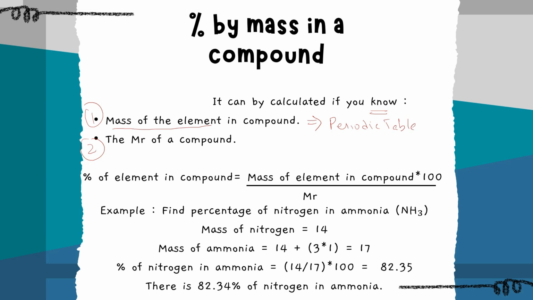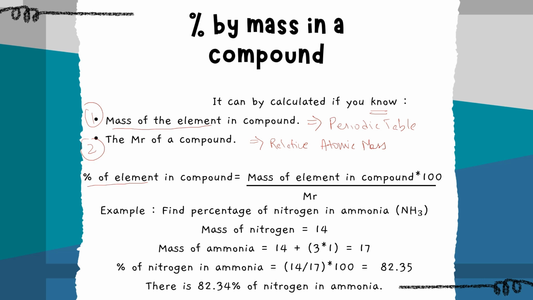And then Mr of a compound can be easily calculated if you know the relative atomic mass, which can be checked from the periodic table. Now, percentage of element in a compound is equal to mass of element in a compound into 100 upon formula mass.